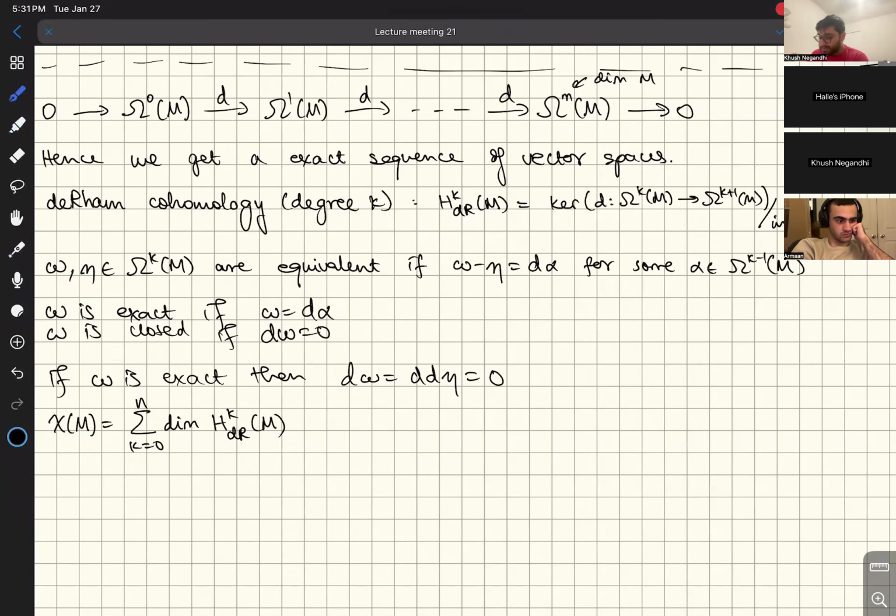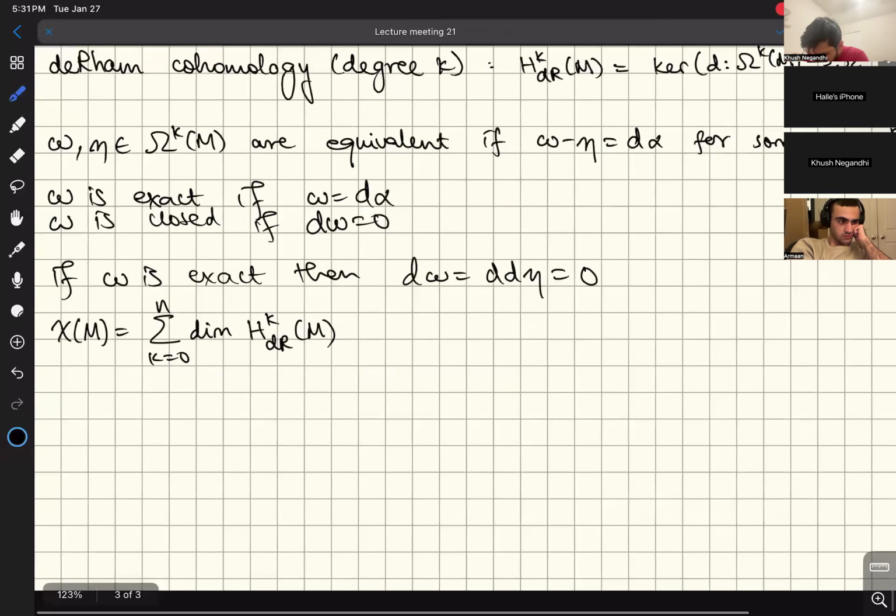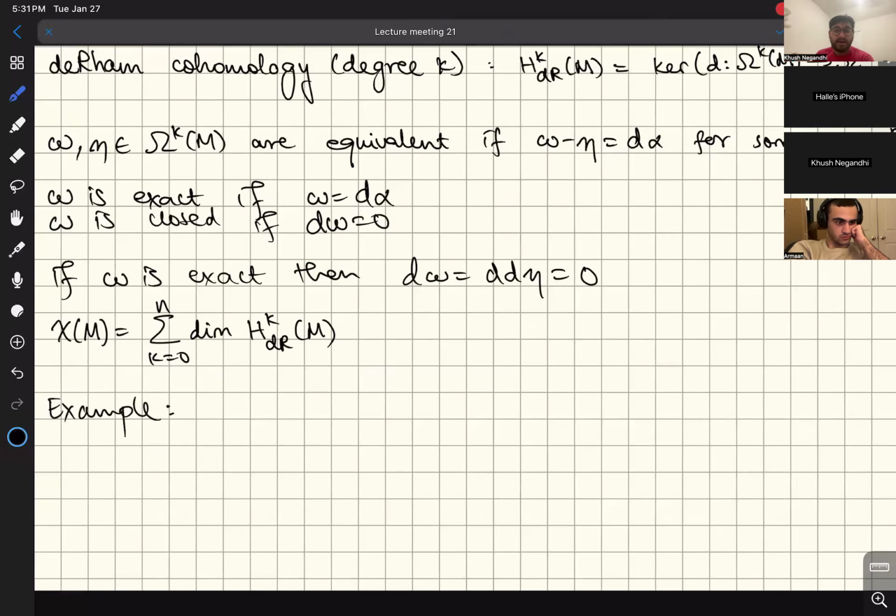An example, which is also in the problem sheet, and I'll let you verify this on your own, is that the form omega equals minus y over x squared plus y squared dx plus x over x squared plus y squared dy is closed but not exact.